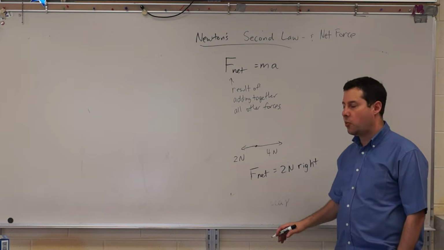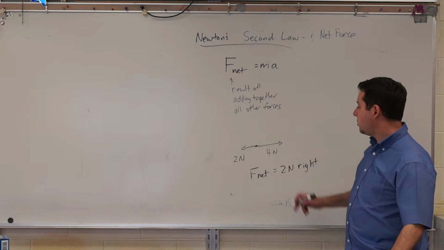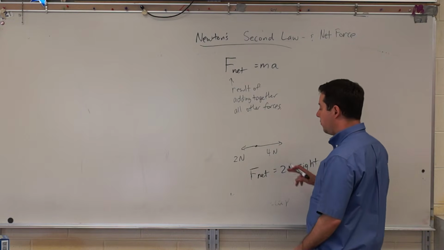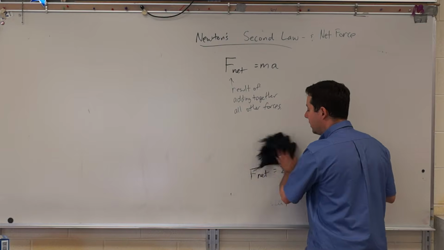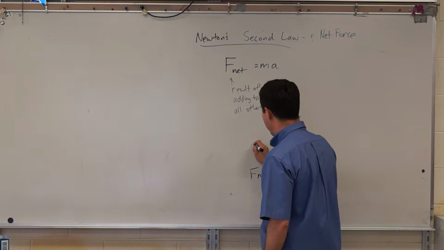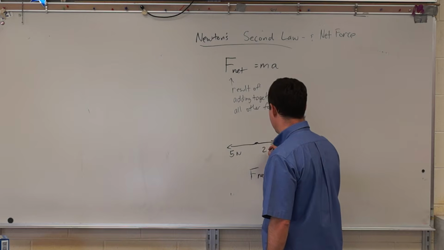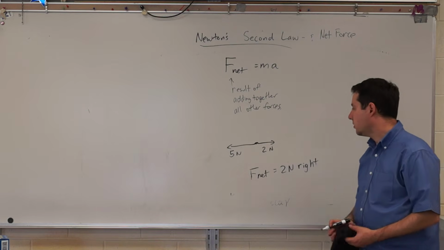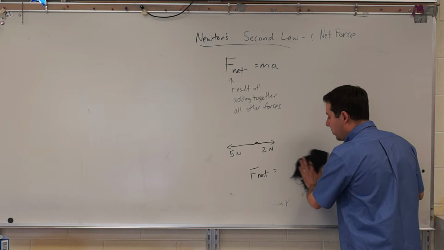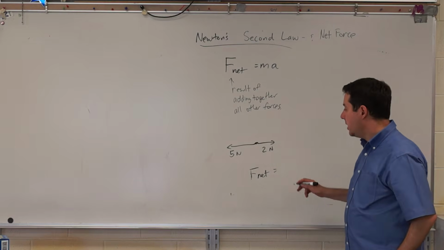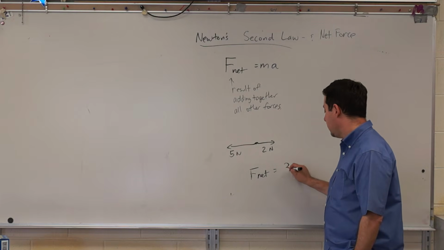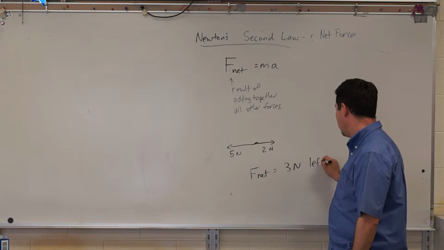And again, because it's a force, it has a direction. Let's say I switch this up. So instead of 4 newtons to the right and 2 to the left, let's have 5 to the left and 2 to the right. For the net force, we just add these up in our heads and say, 5 left, 2 right is going to be 3 newtons left.